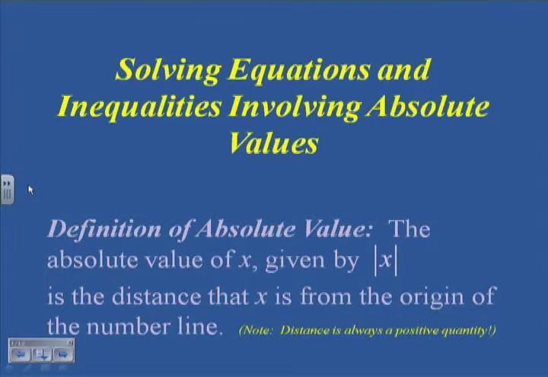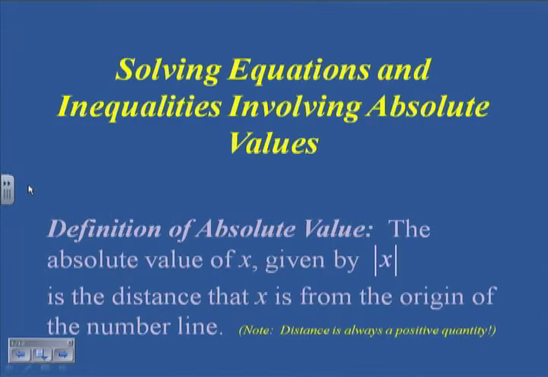Now, I've given you a definition here of what an absolute value would be, and I really think it helps to use this definition a lot of the time along the way in our work here today. I said it's the distance that x is from the origin on the number line.